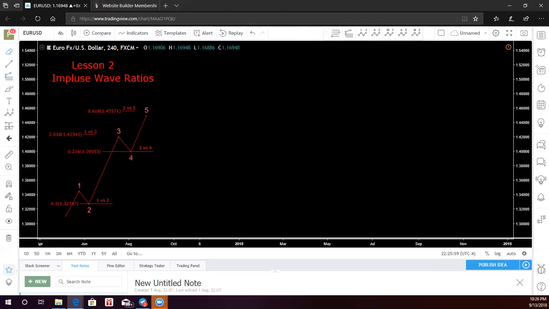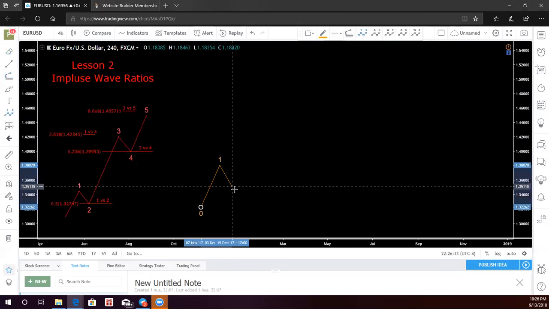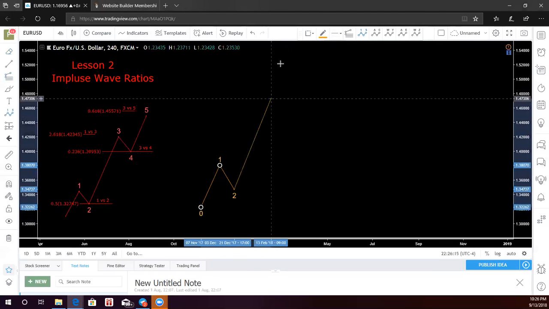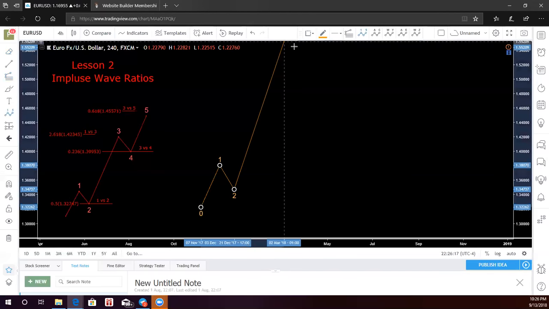Let's go to lesson 2. So you have a wave 1 and a wave 2. Let's just put 3 up there, 4, 5.